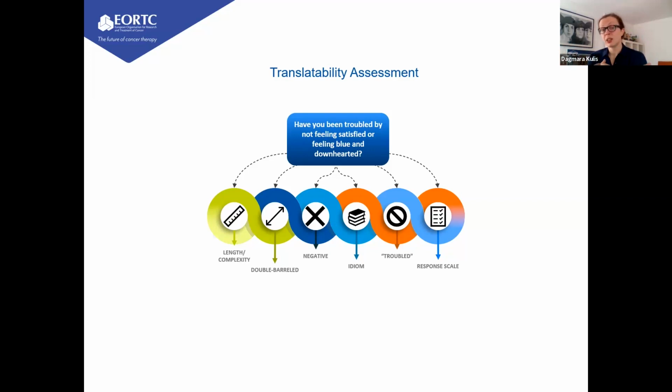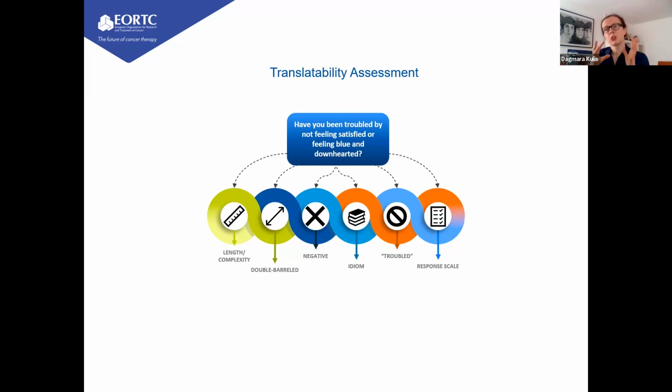Then we don't want any idioms, because they are difficult to translate and to really show all the cues that the meaning is in English. There are some words that we try to avoid, like troubled, which is quite difficult to translate. Bother, that sort of words that we already know from experience will cause problems.